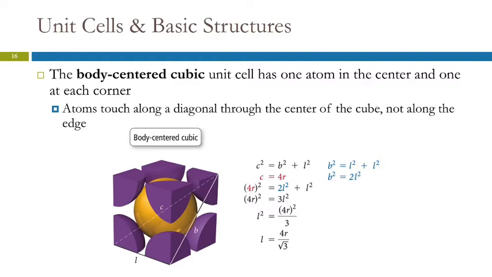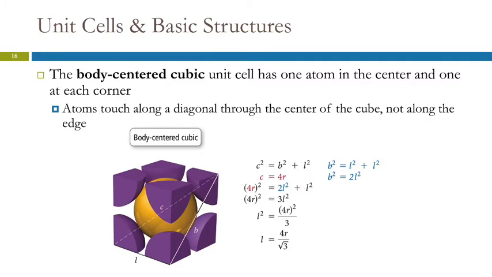Now the atoms are not touching along either the edge length or the diagonal on a side. They're touching diagonally across the cube, from this corner, through the center one, over to here.